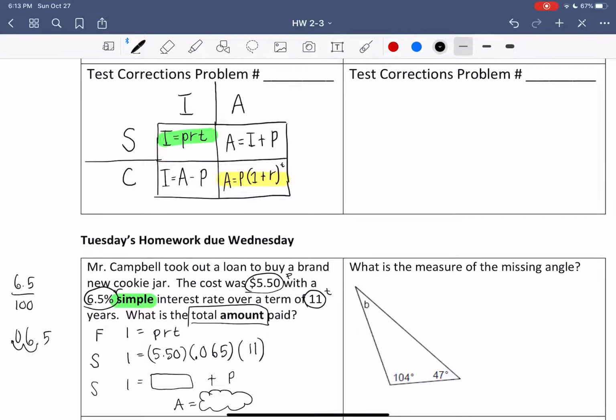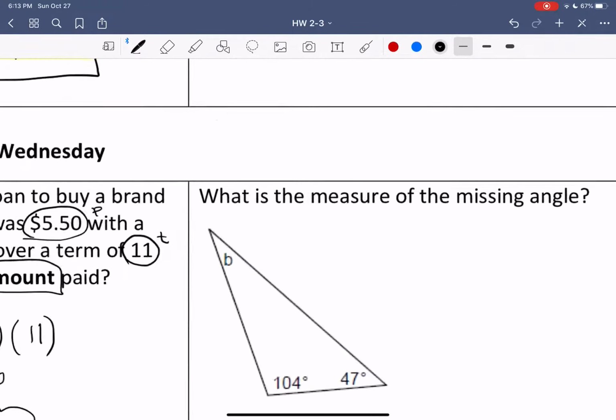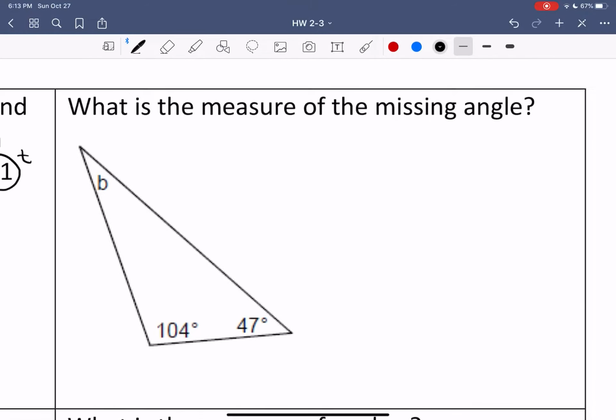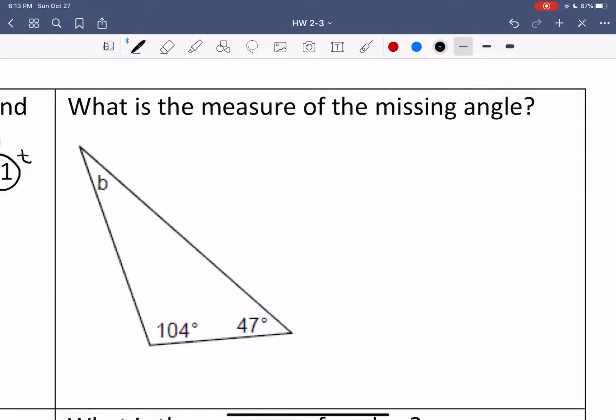Okay, now going across, we have what is the measure of this missing angle. So we learned about the triangle sum theorem, which stated that the measure of angle 1 plus the measure of angle 2 plus the measure of angle 3 equals 180 degrees.